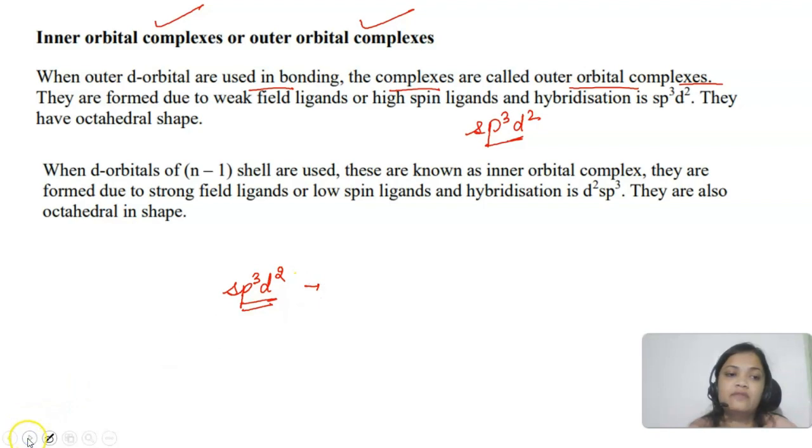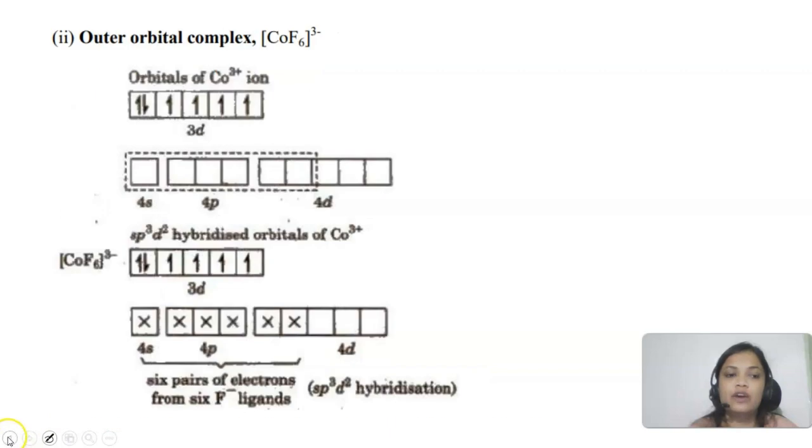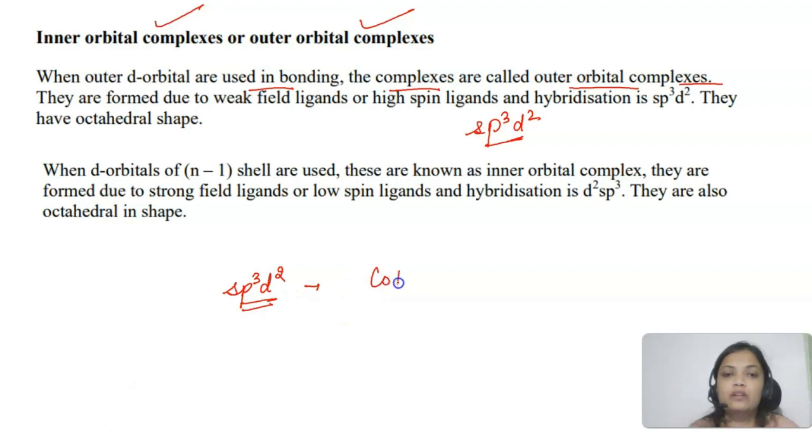Like we will be discussing this also. We will be having [Co(NH3)6] and [CoF6]. Okay, so basically your outer orbital complex is [CoF6]3-, and here अगर d2sp3 है, that will be the inner orbital. So यहाँ पर (n-1) d orbital will be used. We will be calling it an inner orbital complex.